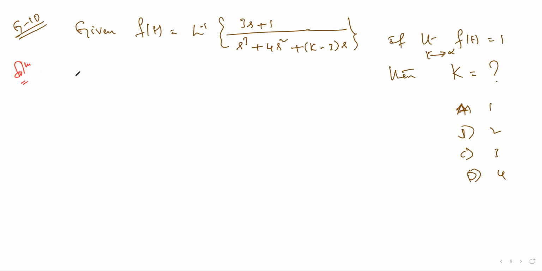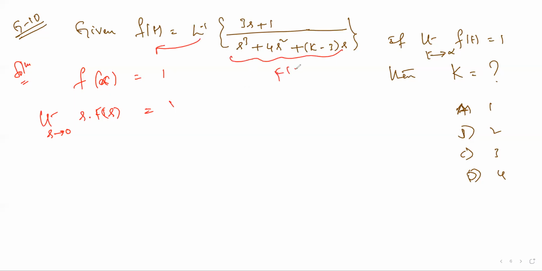So here we use the final value theorem. He has told that f of infinity is equal to 1. What is the final value theorem? We know limit t tends to infinity f of t equals limit s tends to 0 s into F of s, right?